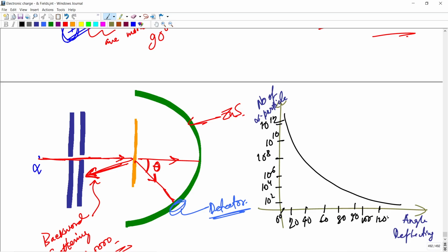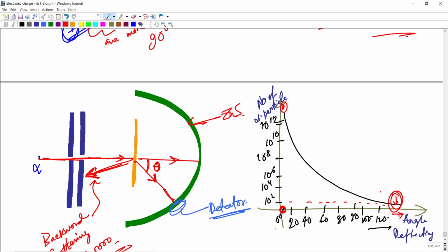Here you see that if your deflecting angle is more, the number of alpha particles is less. At this point the deflecting angle is very high, so the number of alpha particles is very less. And near 0, the number of particles is very high.